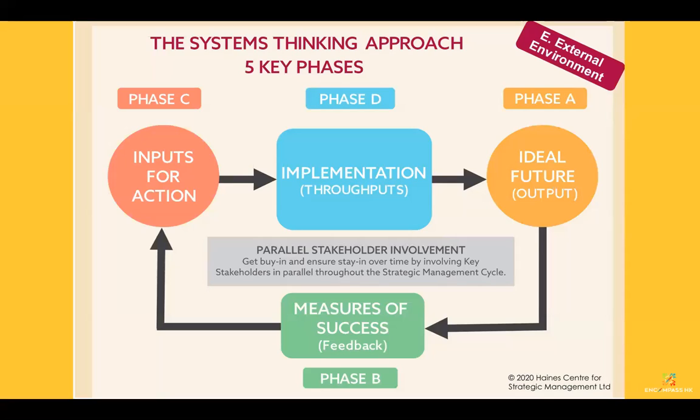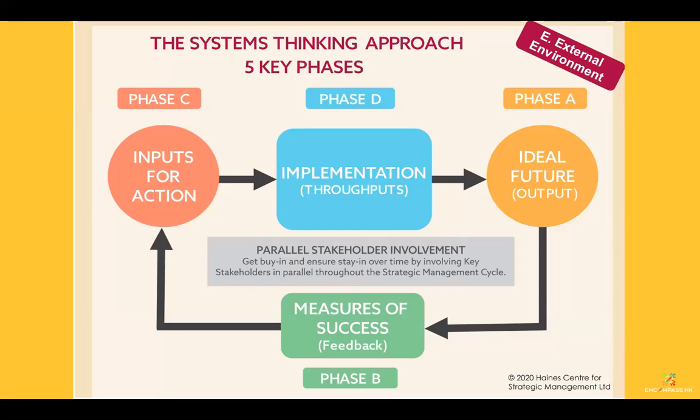So here's an interesting diagram. How can we think of systems thinking in some phases? I'll explain this. The diagram doesn't start from the input, it actually starts from the future. Where do we want to be? Phase A, the ideal future. Then phase B, the green part: how do we know when we get there? What will the future look like if we achieve it?